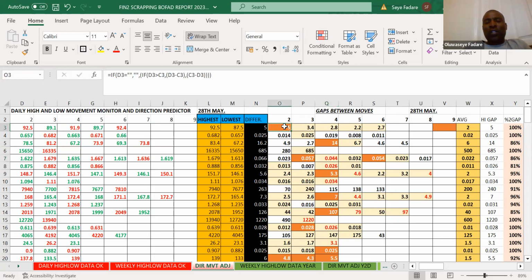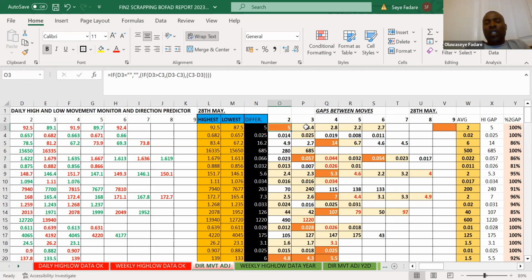So for this 5 here, it is more than double of 2, so it's more than 2.5. Anytime it's 2.5 or more of the trend, then we get it colored in this color.